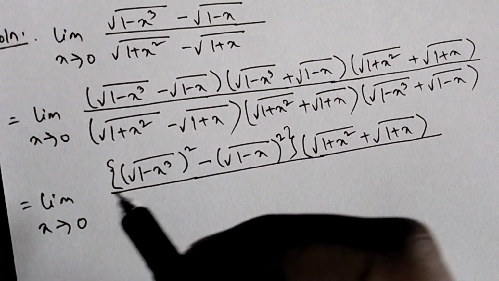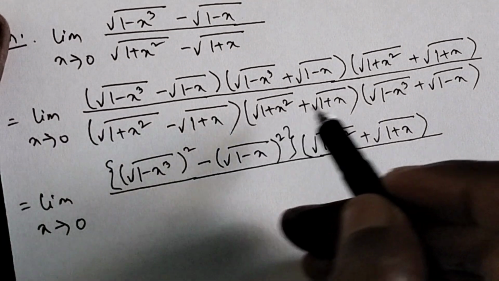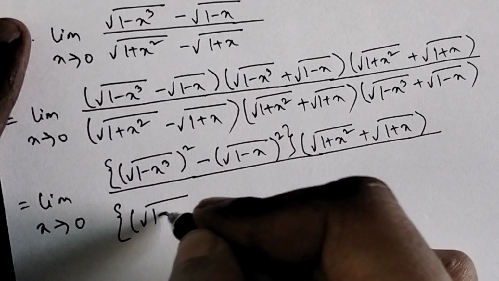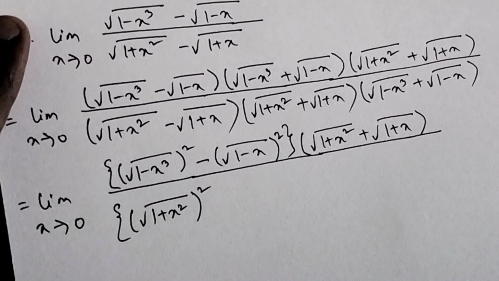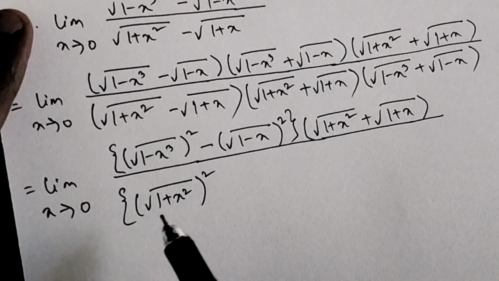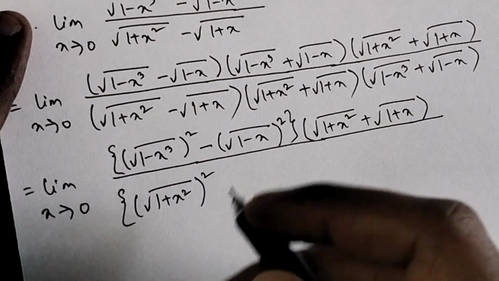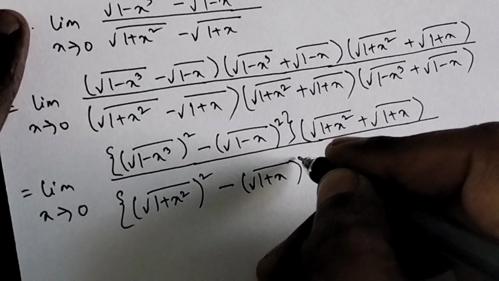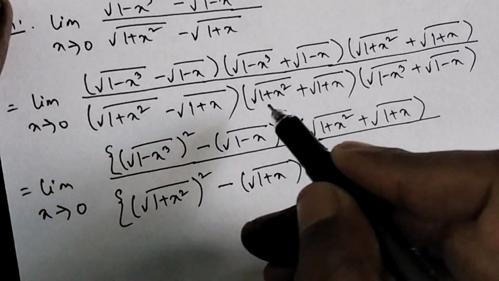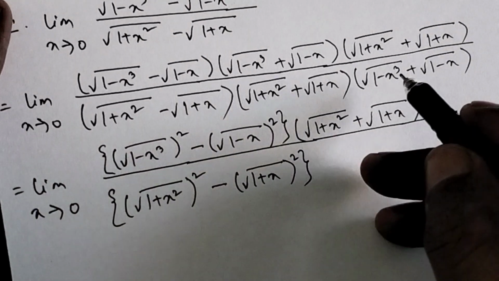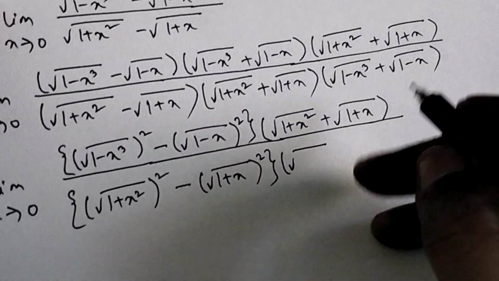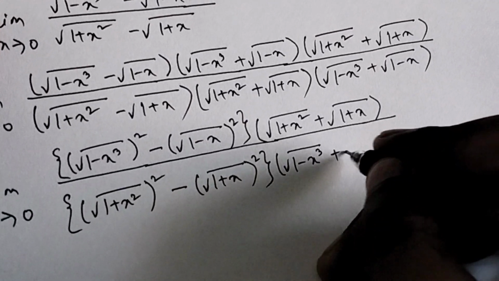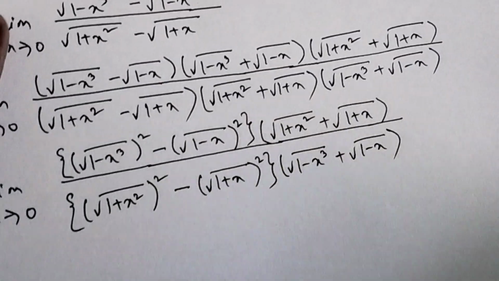Now in the denominator we see a minus b into a plus b, so it will be under root 1 plus x square whole square minus under root 1 plus x whole square, a square minus b square. Then with this term under root 1 minus x cube plus under root 1 minus x. Clear?